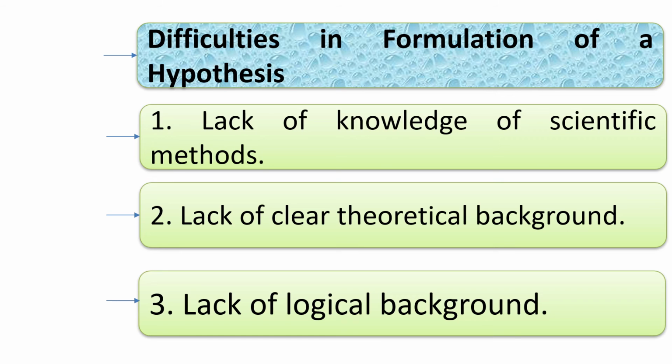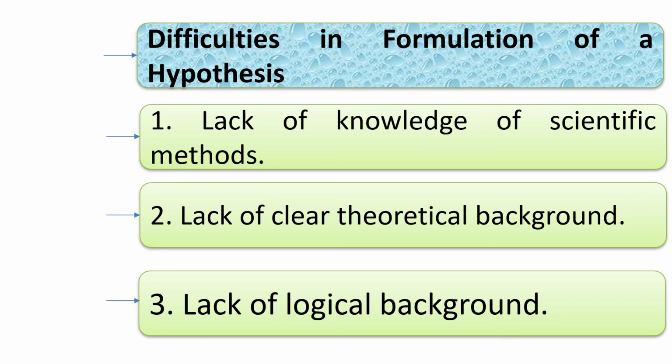Thereafter, next point is lack of clear theoretical background. The hypothesis does not always have a clear-cut and definite theoretical background. Because of this weakness, it is not easy to arrive at a certain conclusion.